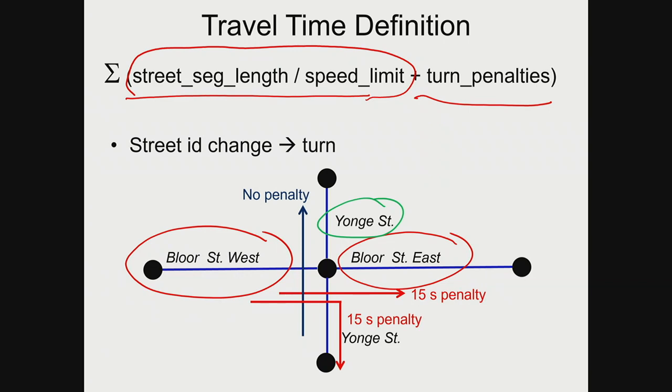Yeah, ECE9? My question is, does the shortest time taken to get to a place necessarily correlate to the shortest distance? Okay, so the question is, does the shortest time between two intersections correlate to the shortest distance? It will correlate some, but it's not exactly the same.